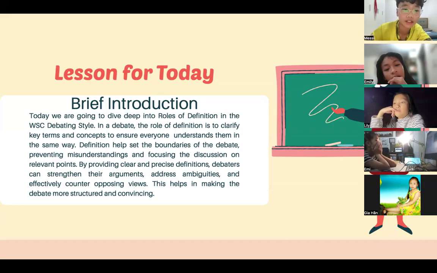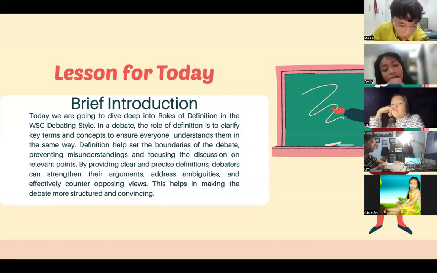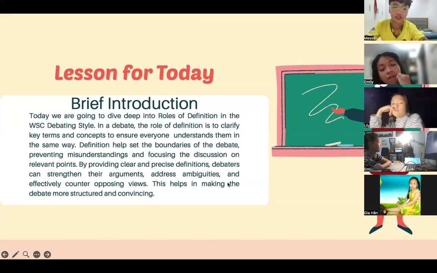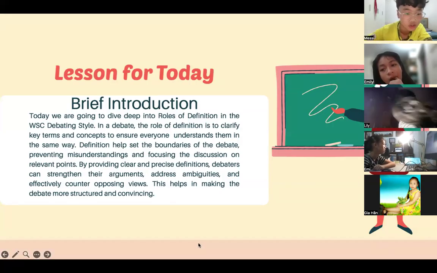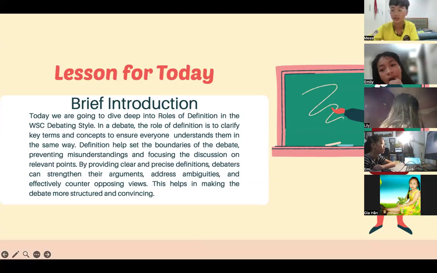By providing clear and precise definitions, debaters can strengthen their arguments, address ambiguities, and effectively counter the opposing views. So this always helps in making the debate much more structured and more convincing.